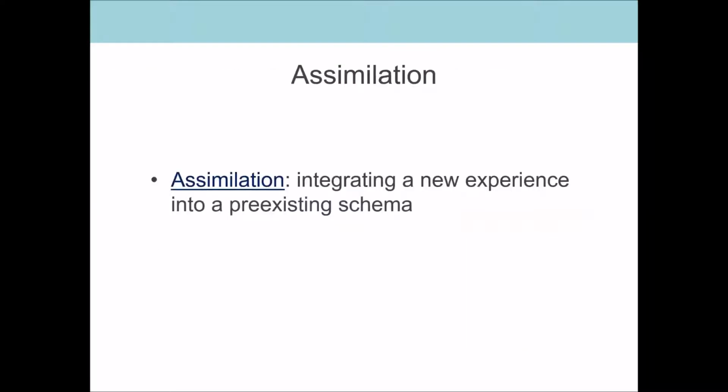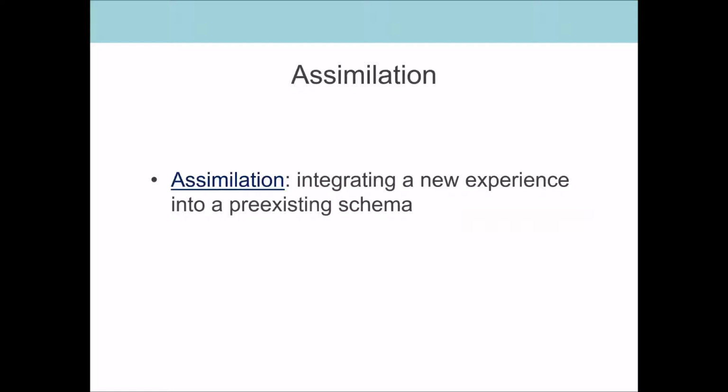Now, kids use this assimilation quite a bit, but they don't always use it consistently, or correctly is perhaps the right term. So you may have known a young kid who has the word truck, and so any vehicle is called a truck. That's a truck. A car is a truck. Ambulance is a truck. A bicycle is a truck, right?